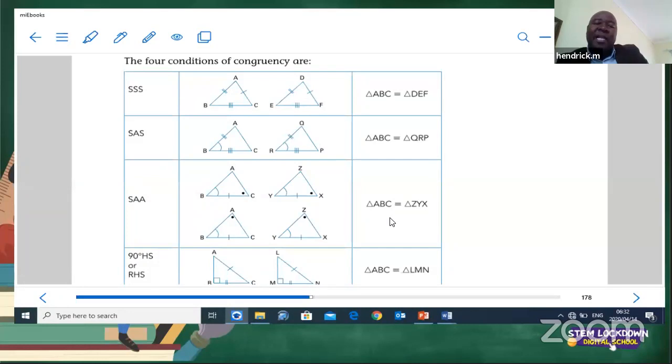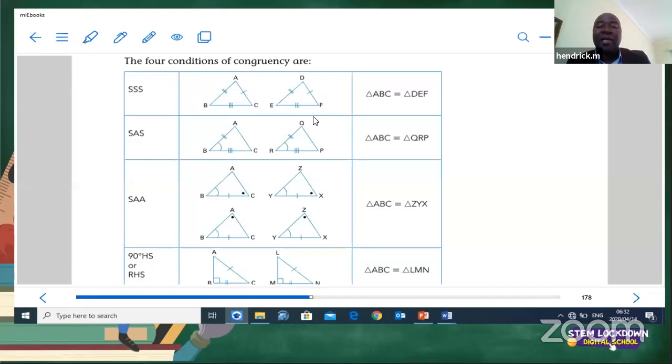Now, represented in triangles, here are the conditions. As you can see, we have triangle ABC and triangle DEF. It should be clear at this point that triangle ABC is congruent to triangle DEF.